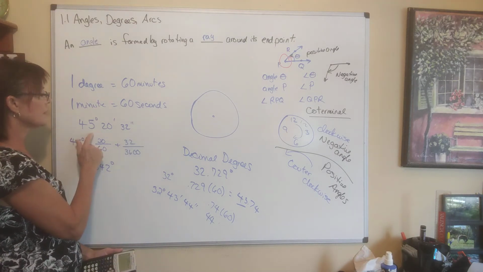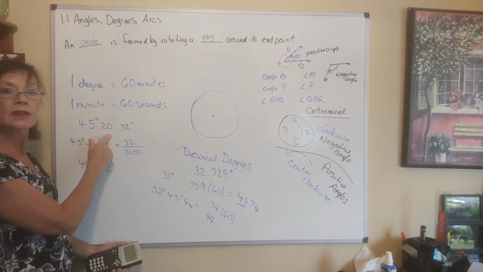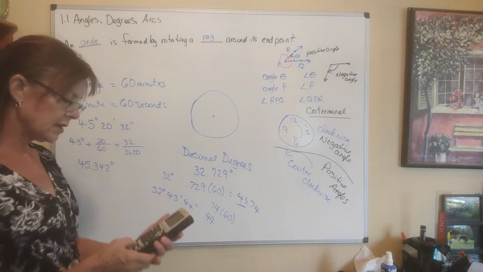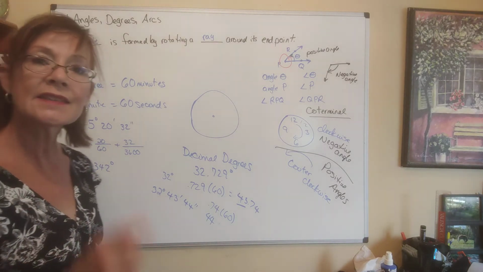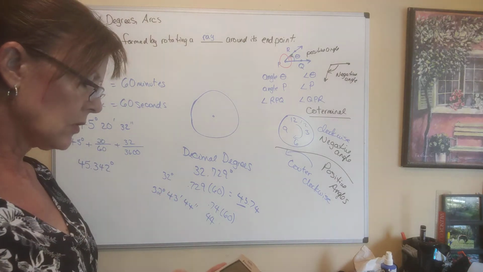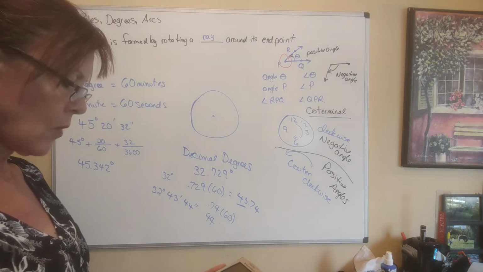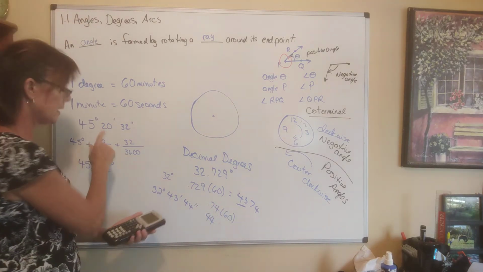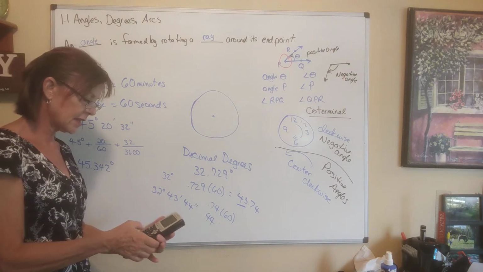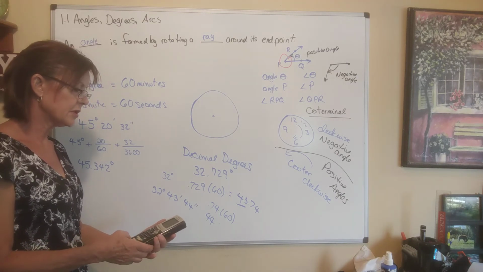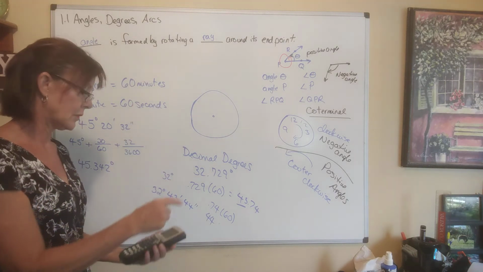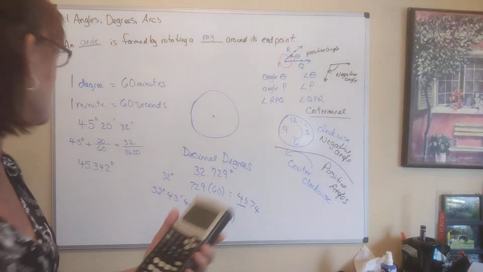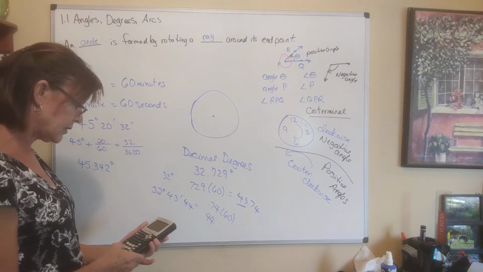Here's how, if we had this, let me show you how to enter this in your calculator. 45 degrees, 20 minutes, 32 seconds. What you want to hit is second angle number 1, and that's going to give you the degree symbol. And then I'm going to hit 20, enter 20, hit second angle number 2, and that's going to give you the minute symbol. So this is what I've got so far. And now I'm going to enter 32.